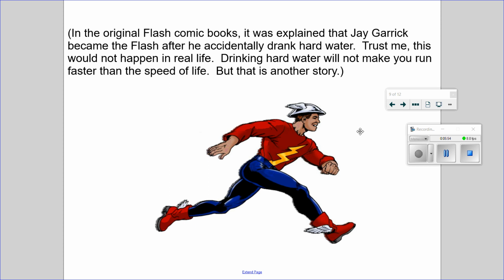He accidentally drank some hard water, fell asleep, and when he woke up, he had super speed. Also, breathing in fumes from the hard water that he was experimenting with contributed to his speed. Trust me, this is not going to happen in real life. Drinking hard water will not make you run faster than the speed of light. But that is another story.